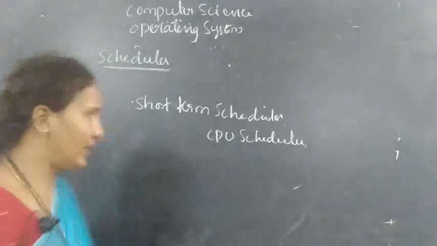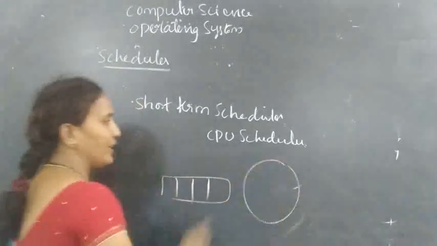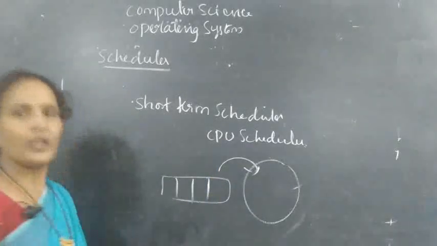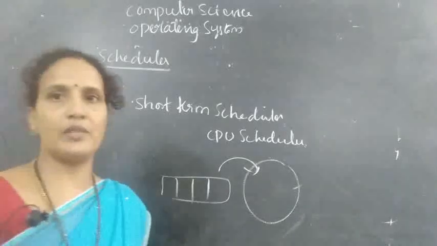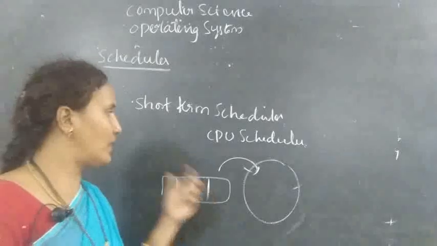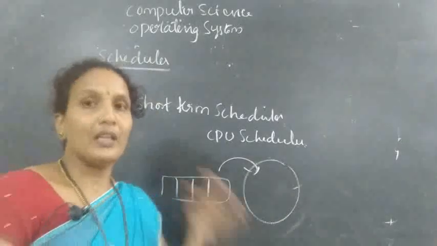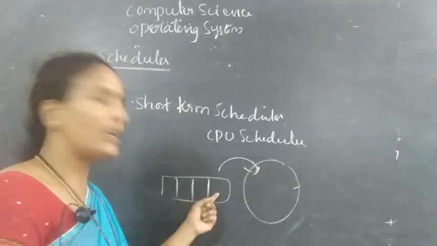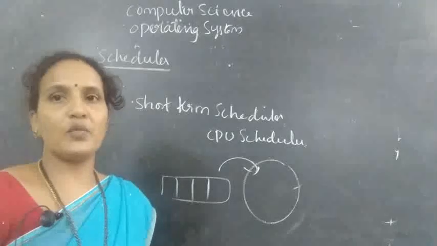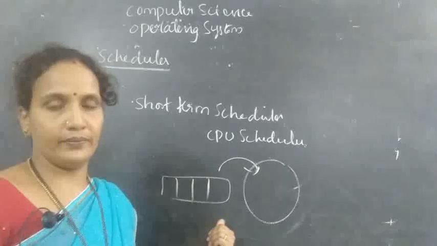Here the processes are waiting, close to the CPU, and it will select a process from the queue and load it into the CPU. It follows different algorithms and different priorities, and whichever process is important or has less time will be selected from the queue and loaded into the CPU. It is a very critical and important scheduler.